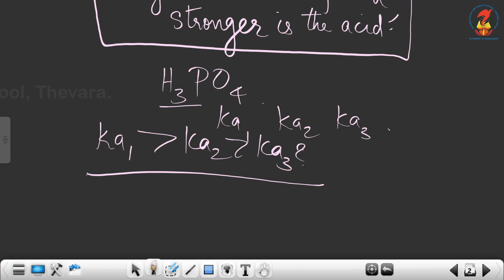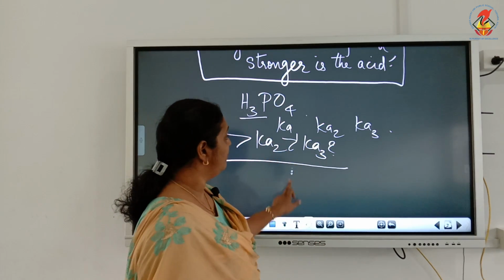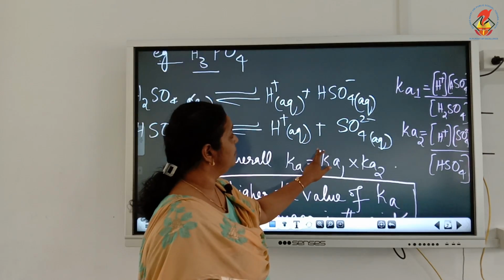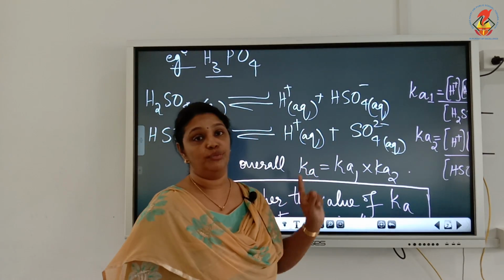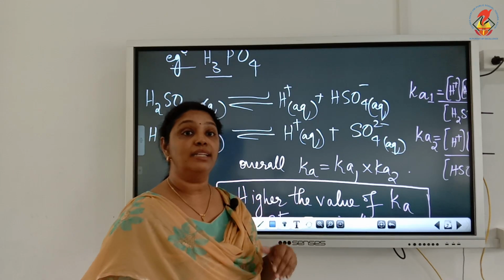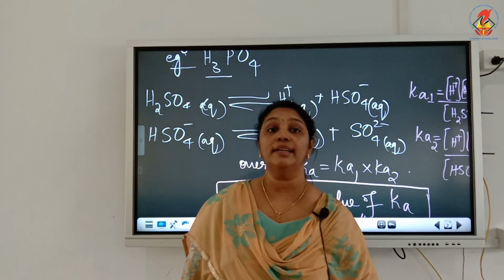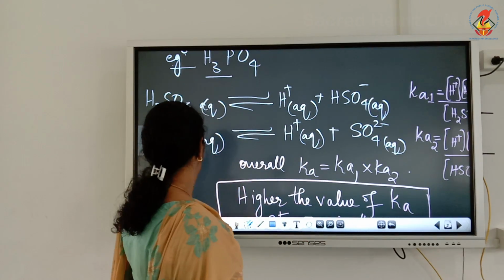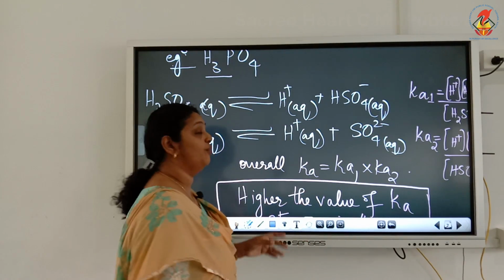The reason is, when I say Ka1 value, the H plus ion in sulfuric acid is removed from the neutral H2SO4 molecule. Whereas when I write the Ka2 expression, that H plus ion is removed from a negatively charged species. You can see H plus is removed from HSO4 minus.